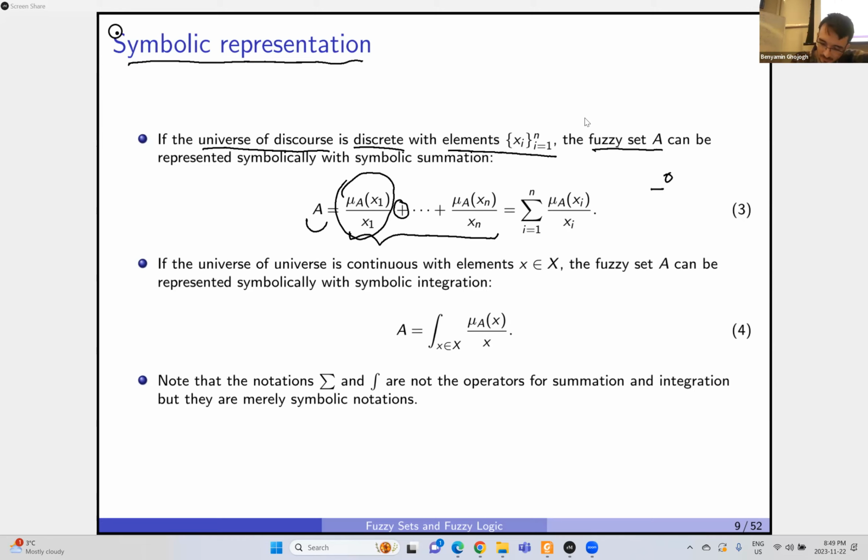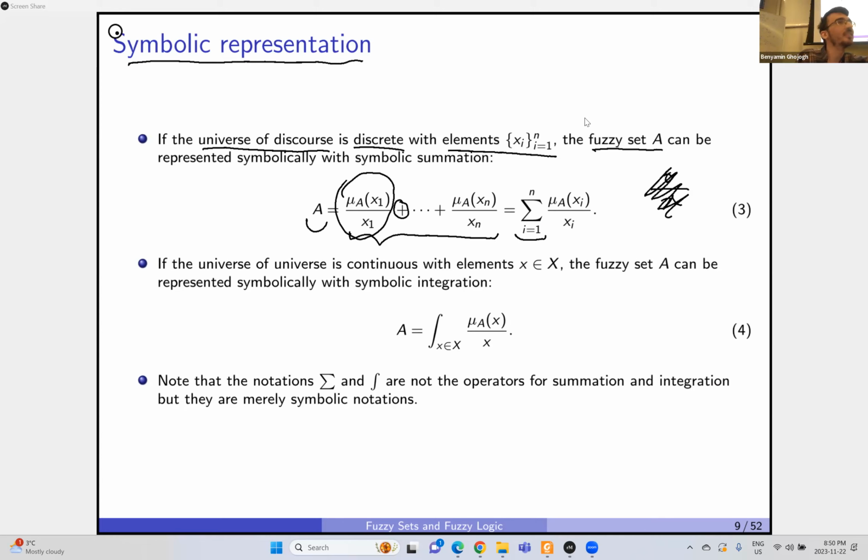I can say 0 over that x, or I can completely not write it. If I don't write that x, it means that its membership is 0. That's one thing. This summation can also be written with the summation symbol, right? But it doesn't mean summation. It's just notation.